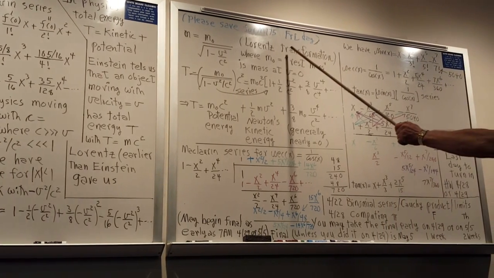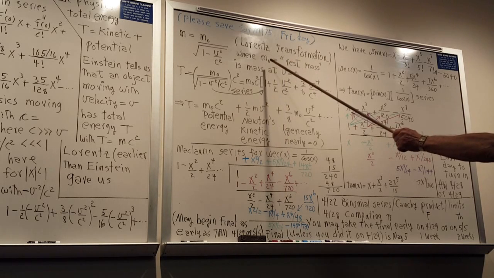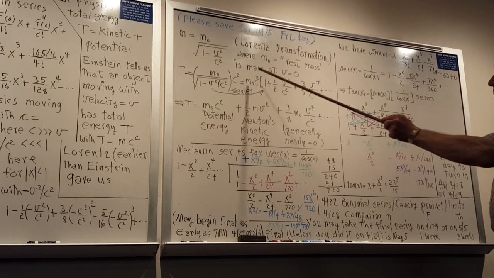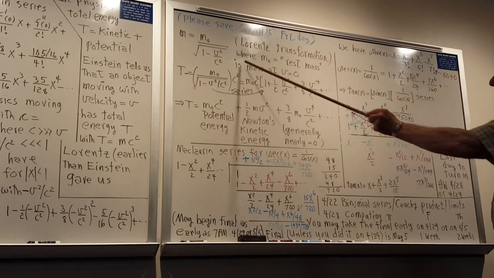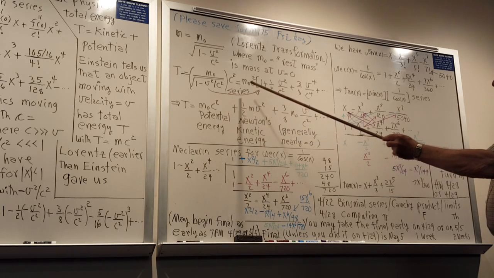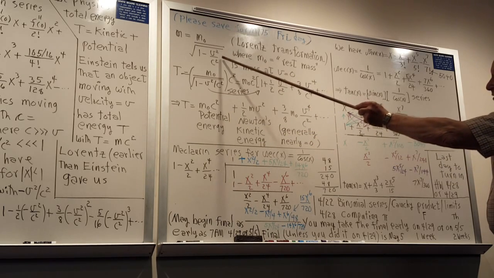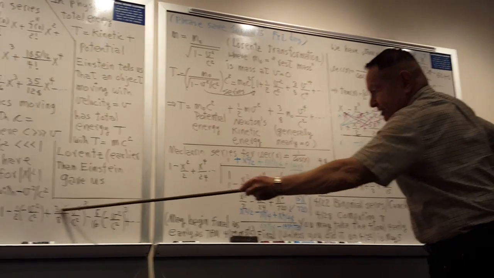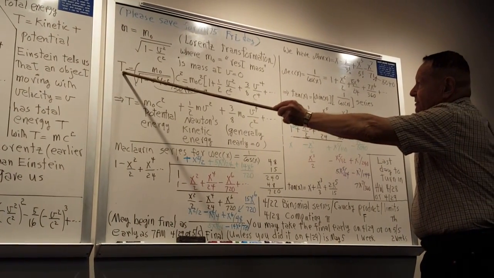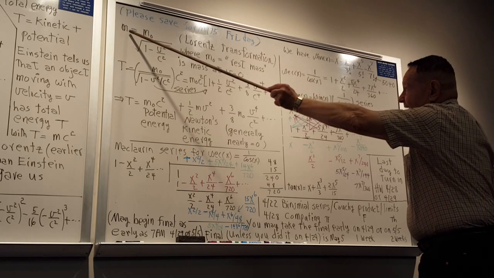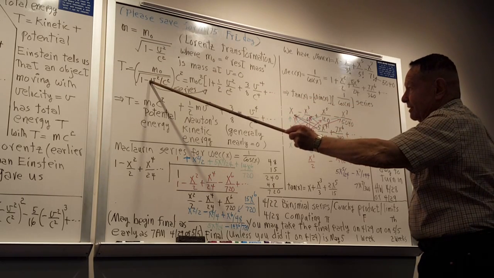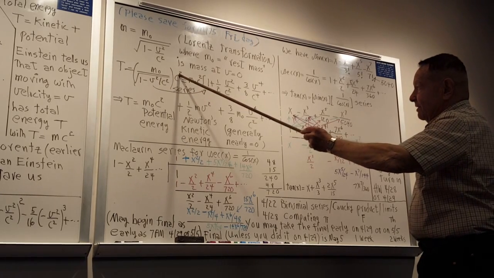And what is called the Lorentz transformation, which is something Einstein had to work with, where m0 is the rest mass, is this relationship. So that's why I'm talking in my series about v squared over c squared. So then the total energy is the mass, which I'm replacing with this formula, times c squared.